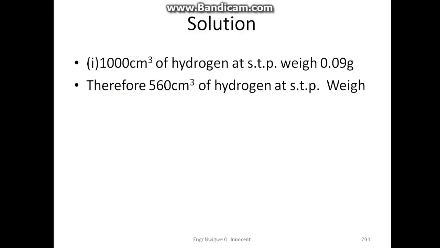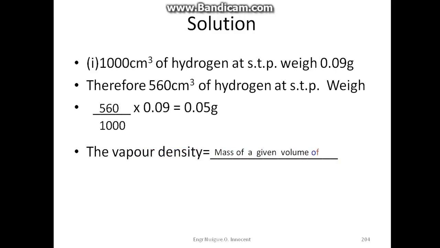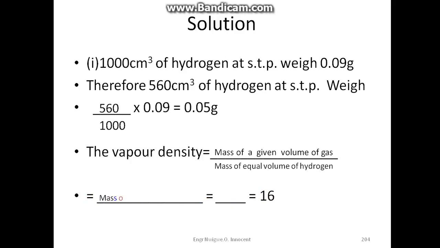Therefore, 560 cm cube of hydrogen at STP weighs 560 over 1000 times 0.09, which gives us 0.05 grams. The vapor density is equal to the mass of a given volume of gas over the mass of an equal volume of hydrogen, which equals the mass of 560 cm cube of oxygen divided by the mass of 560 cm cube of hydrogen, which gives us 0.8 over 0.05, which is 16, and vapor density does not have any units.